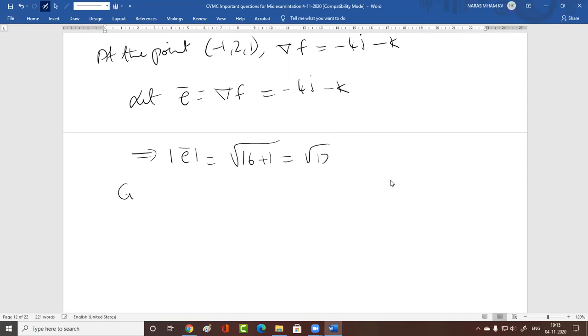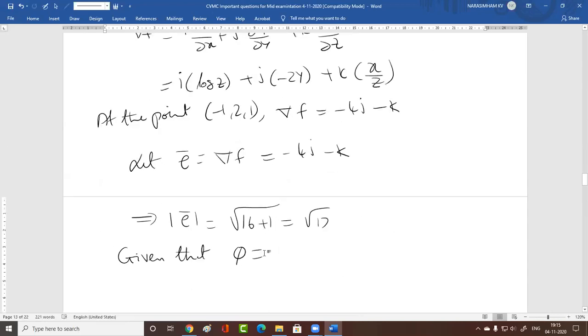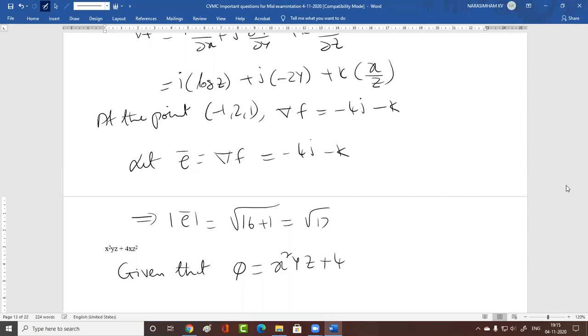Given that phi equals, what is the given function? Phi equals x square yz plus 4x z square.